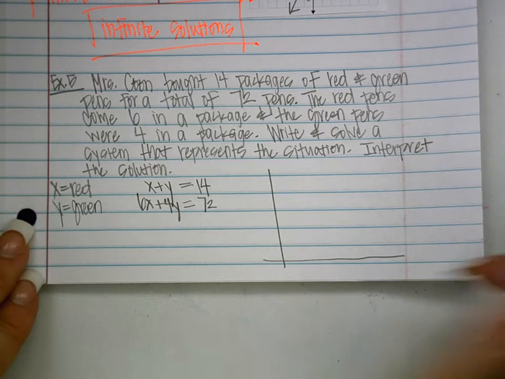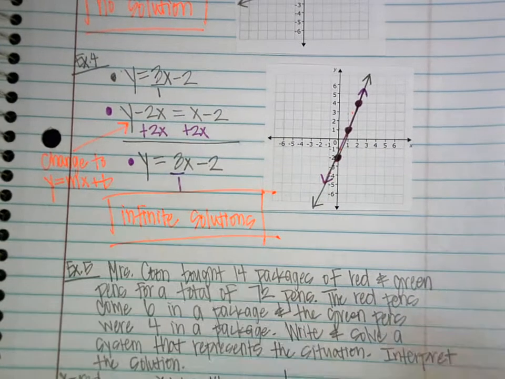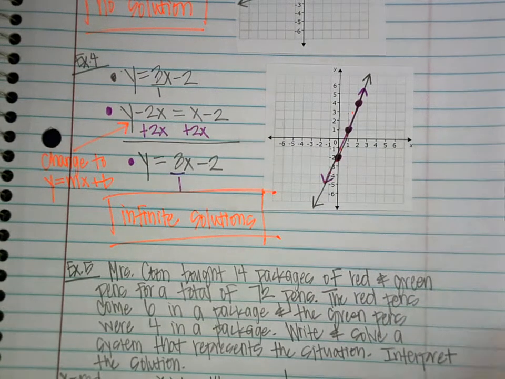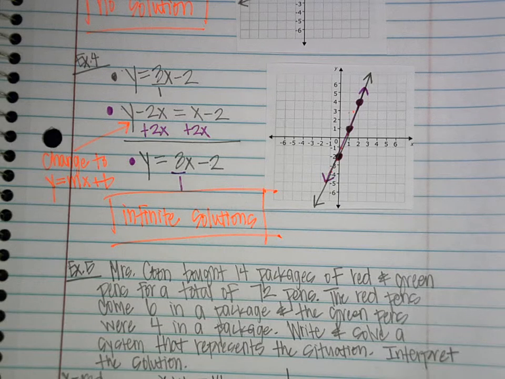First thing we have to do is change it to y equals mx plus b form. So how can I change this first one into y equals form? Is there any like terms there? No. Subtract the x.